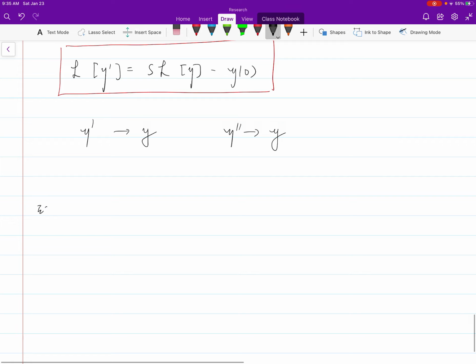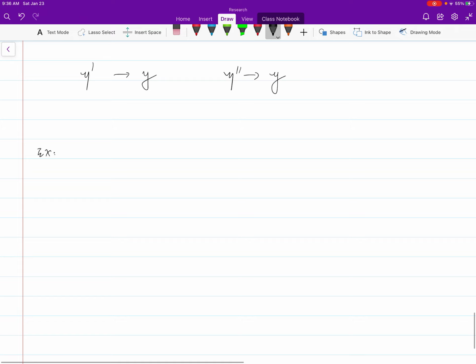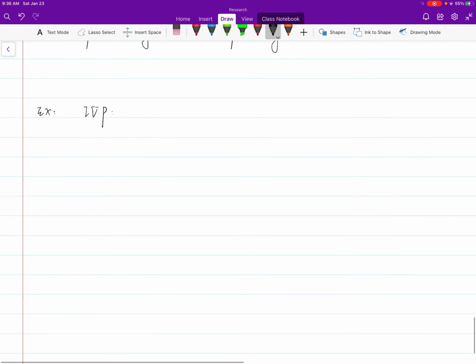Let's see example really quickly. Okay, so we have linear property and also the derivative property. Now let's consider an initial value problem. Okay.